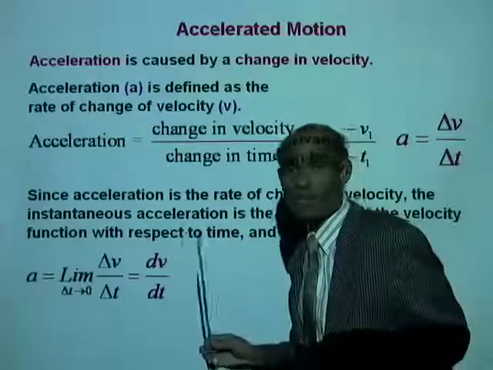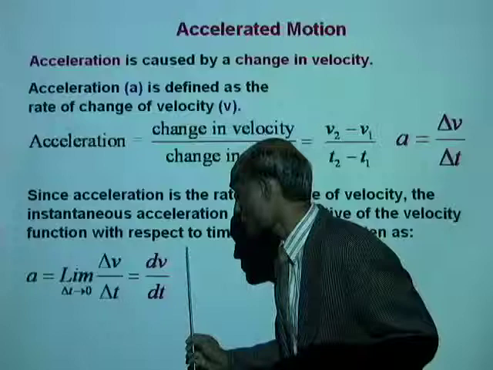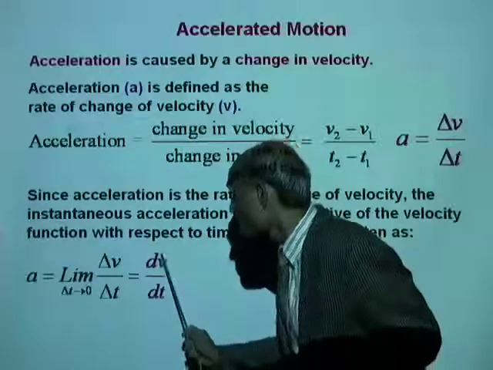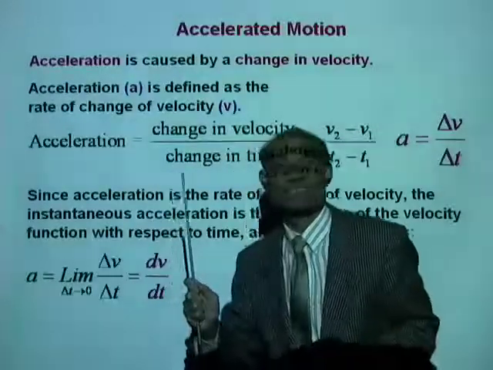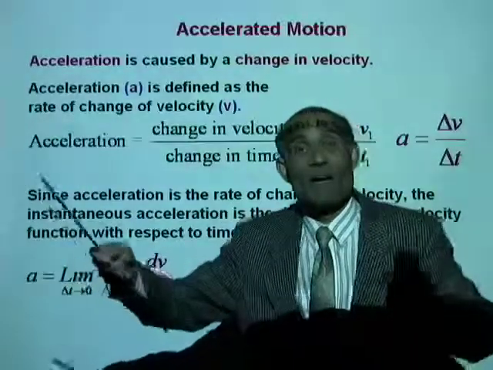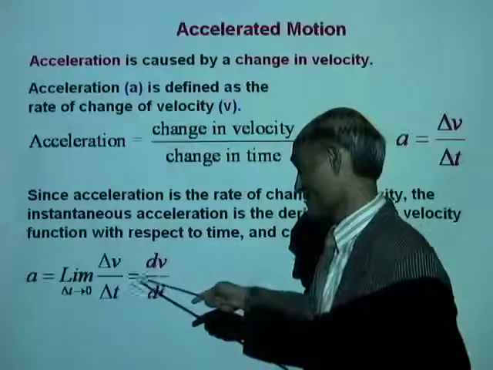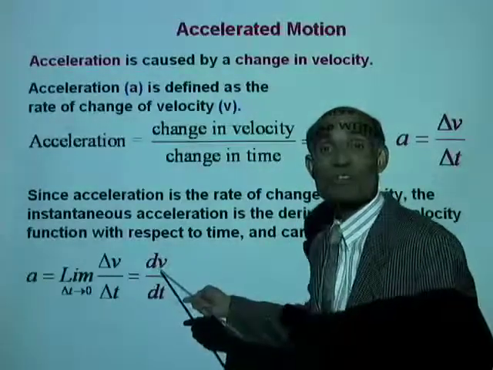Now if you know your calculus well, if you integrate velocity, what do you get? You get displacement. And if you find the derivative of displacement, what do you get? You get velocity.